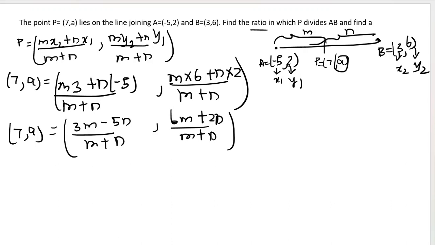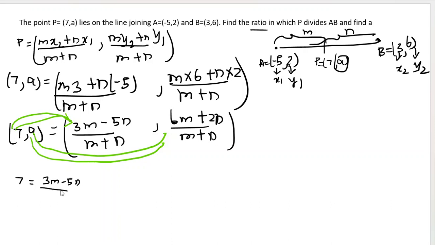The trick is simple. Since these two points are equal, the first coordinate over here will match the first coordinate over here, and the second will match the second. Therefore 7 equals (3m - 5n)/(m + n), and a equals (6m + 2n)/(m + n).